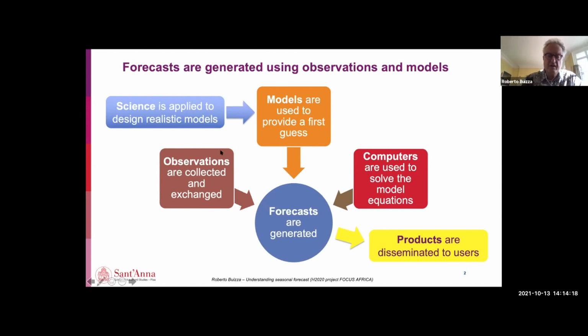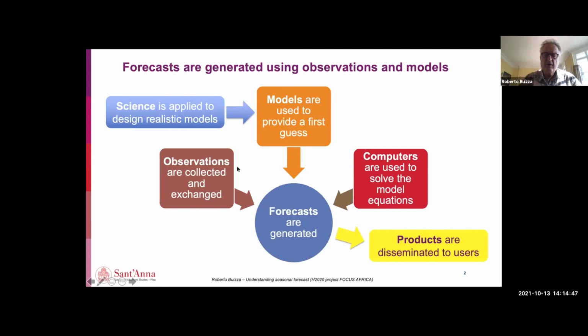So we need observations. Observations, models, science. We use them together, we build these models, we can use supercomputers to generate the forecast. Every day, the National Met Services generate forecasts, some of them twice a day, some of them 4 times a day, with a different forecast length, some only for a few days, some for weeks, some for months, and then they build the products, okay?